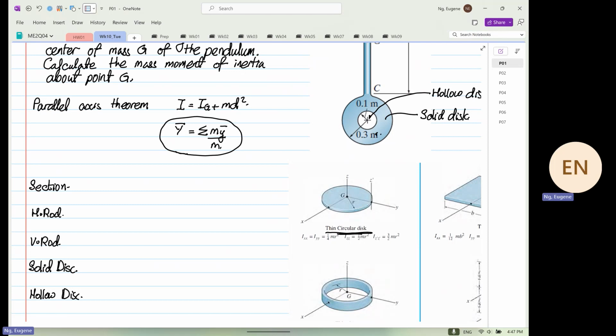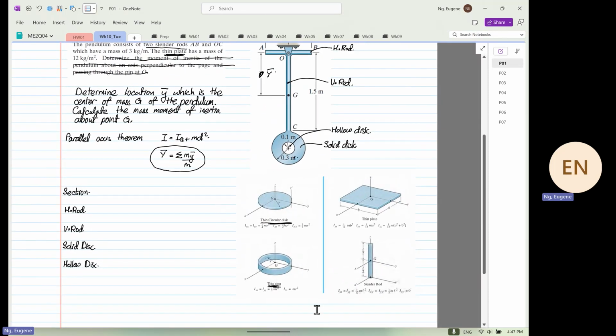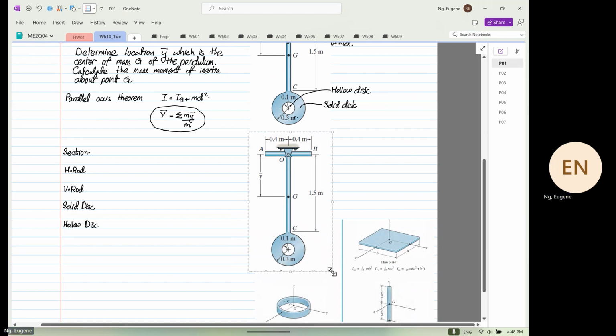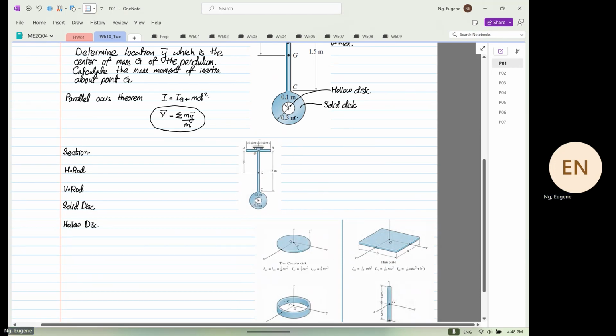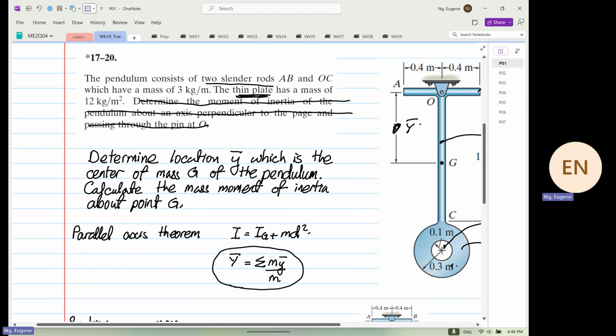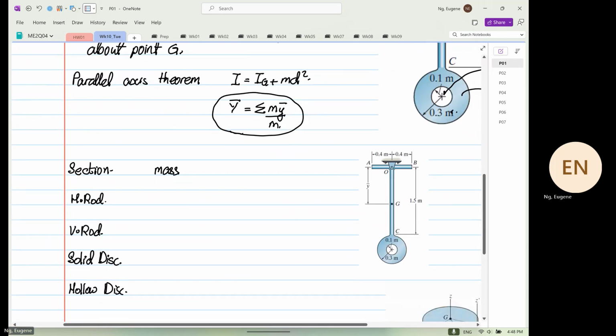Let me bring the image clearer to you. With all the geometries, we know how this thing has been classified. We are going to determine the mass first. For the slender rod, it is 3 kilograms per meter, given to us.